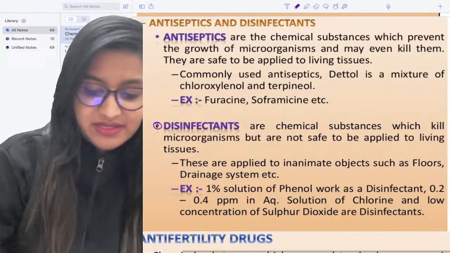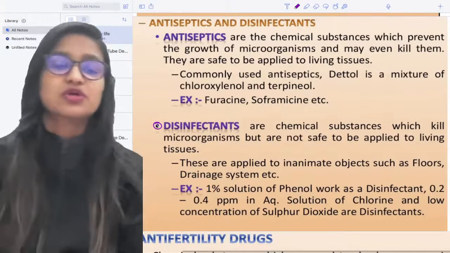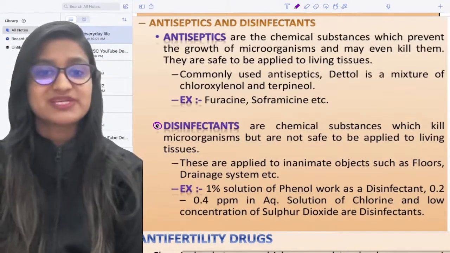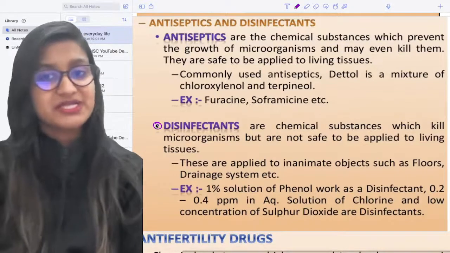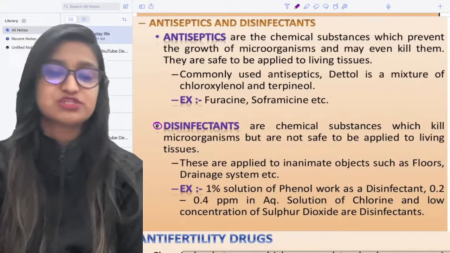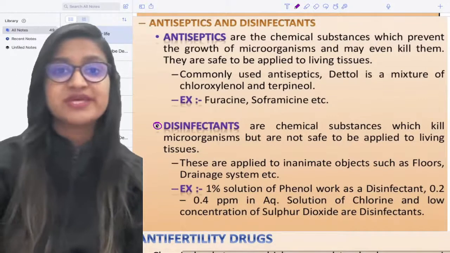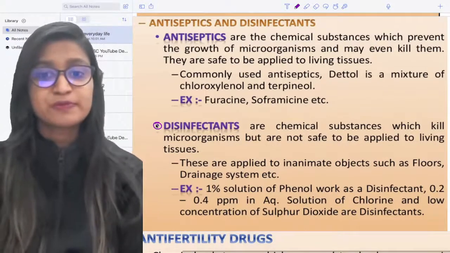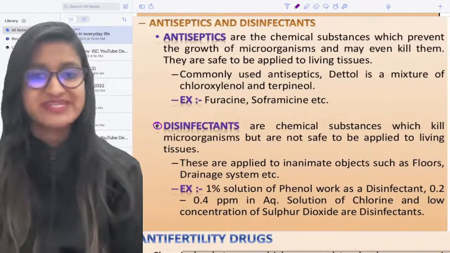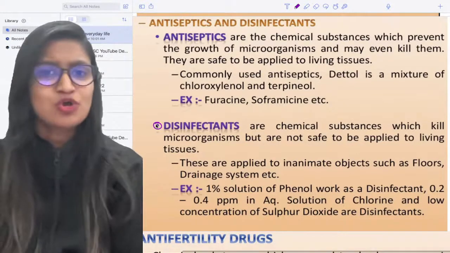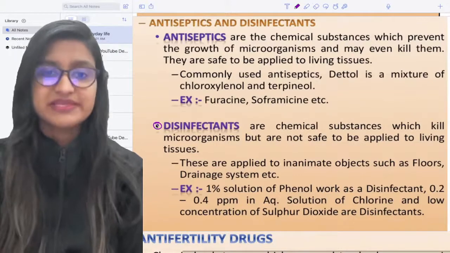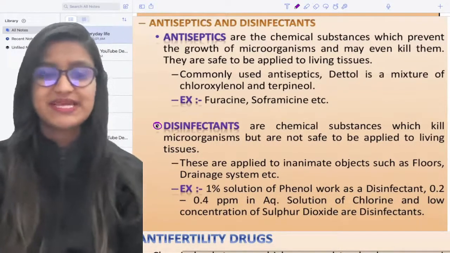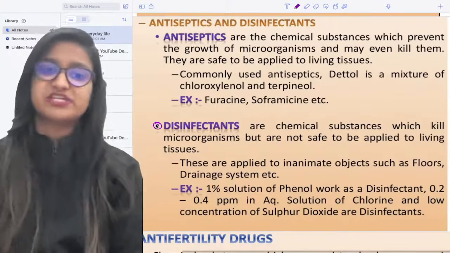If you look at the disinfectants now, so disinfectants are nothing but the chemical substances which kill microorganisms but are not safe to be applied to living tissues. ठीक है? जो कि आप जैसे फ्लोर डिसइंफेक्टेंट्स यूज करते हो, राइट? कि आप फ्लोर पे उसको यूज कर सकते हो, but disinfectants are not safe to be applied on living tissues, whereas antiseptics are safe to be applied on living tissues. ठीक है?